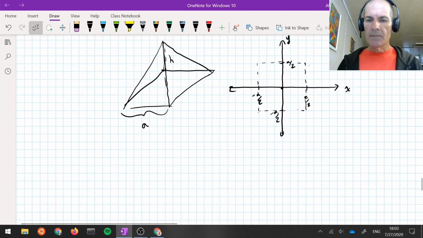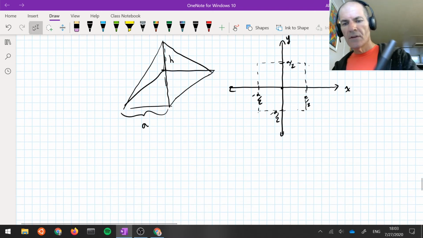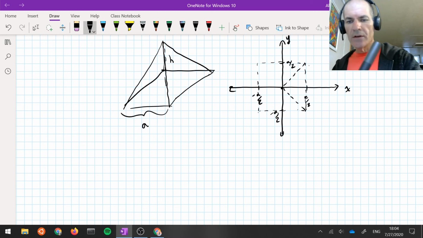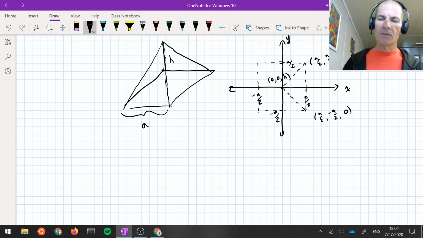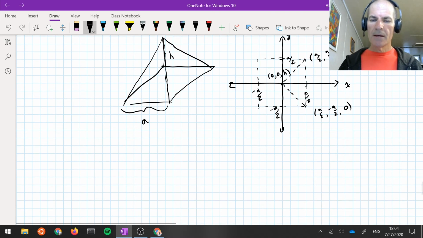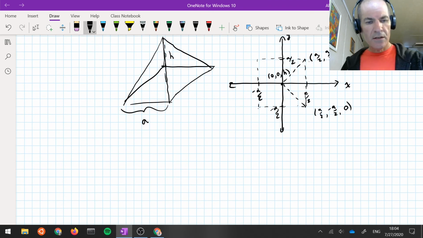All right, let's repeat this. Let's find the equation of the plane of this face. We know that this point is a over 2, and the height is 0. This point is a over 2, minus a over 2, and 0. And this point here is 0, 0, h in 3 dimensions. Let's go through the process again. We'll get these two displacement vectors.